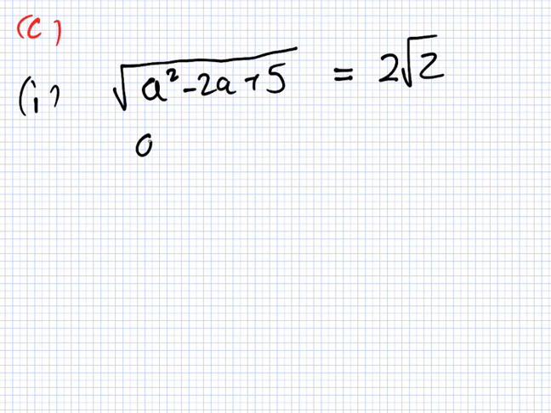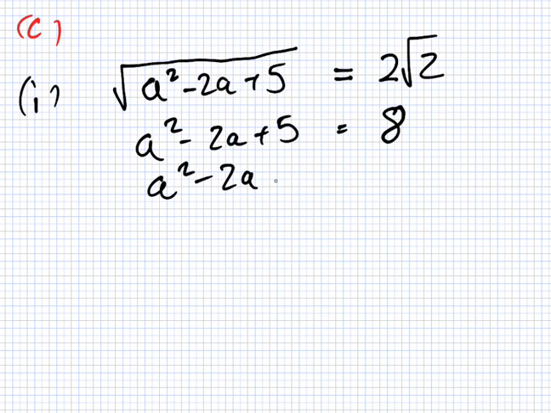So how can we solve this equation? Any ideas? Very good. Square both sides and we get A squared minus 2A plus 5 equals 8. So I get A squared minus 2A minus 3 equals 0. A minus 3, A plus 1.